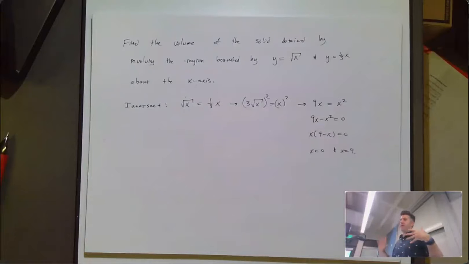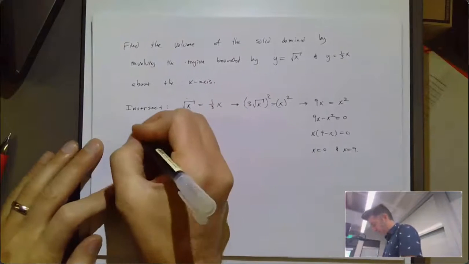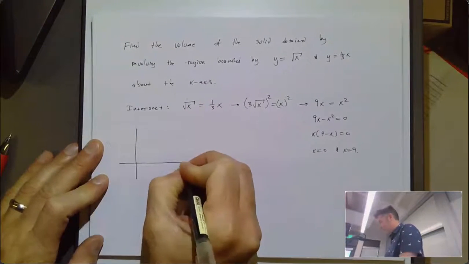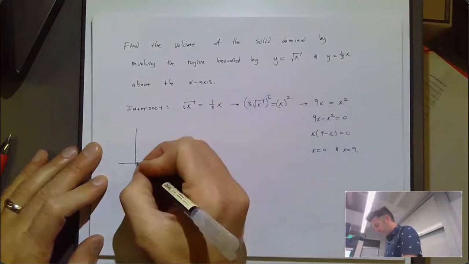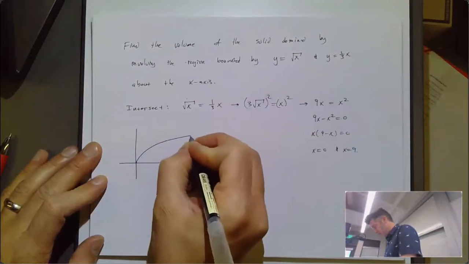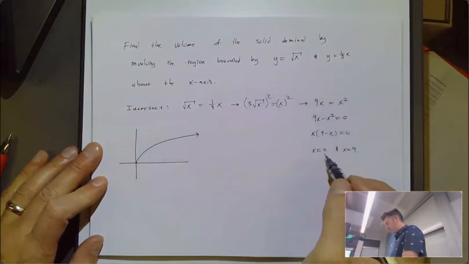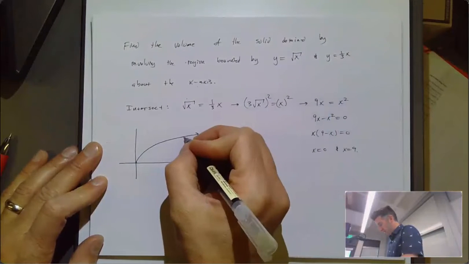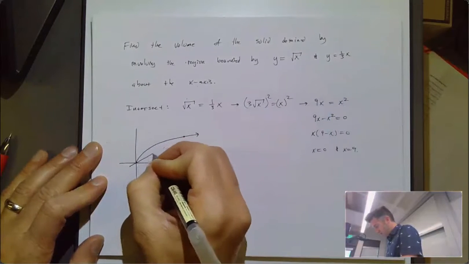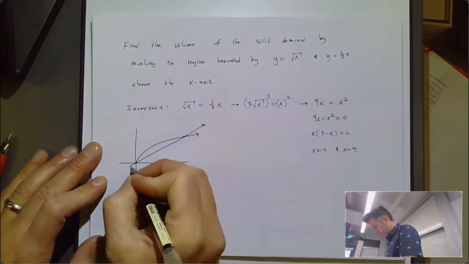The washer method just has an extra piece. So I really want to draw them. So y equals root x looks like this. Y equals 1/3 x. Well, we know they intersect at 0 and 9, so maybe they intersect right here.